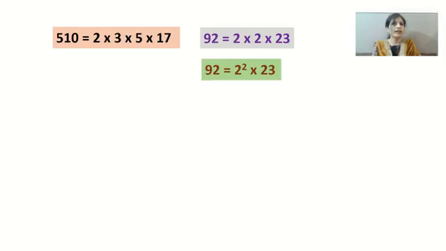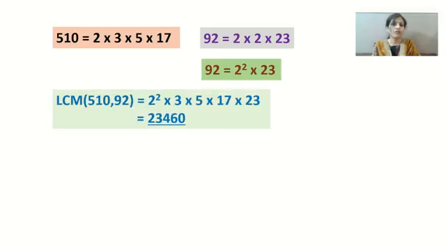Now when you find out LCM of 510 and 92, what you have to see is first check out the least factor there, the smallest factor. Our smallest factor is 2. Then you check out what is the highest power of the smallest factor. Here the highest power is 2 raised to 2. So we will write down that number first.